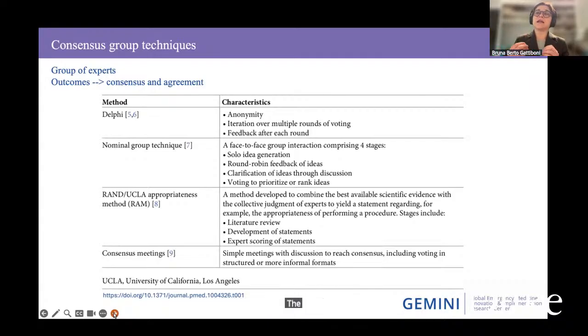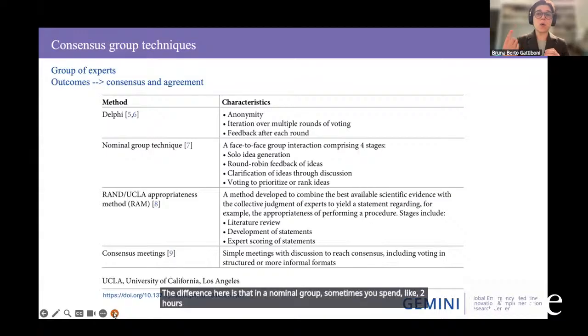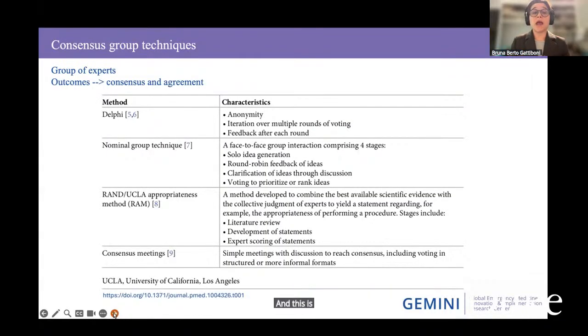The difference here is that in a nominal group, sometimes you spend like 2 hours on only one question. This is so much time and is so hard. You could put all these specialists in a room together and talk about some topics, but today Delphi is much easier to use.